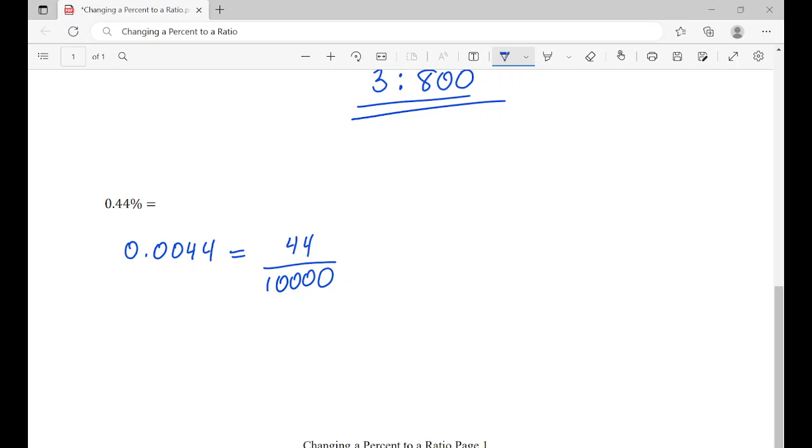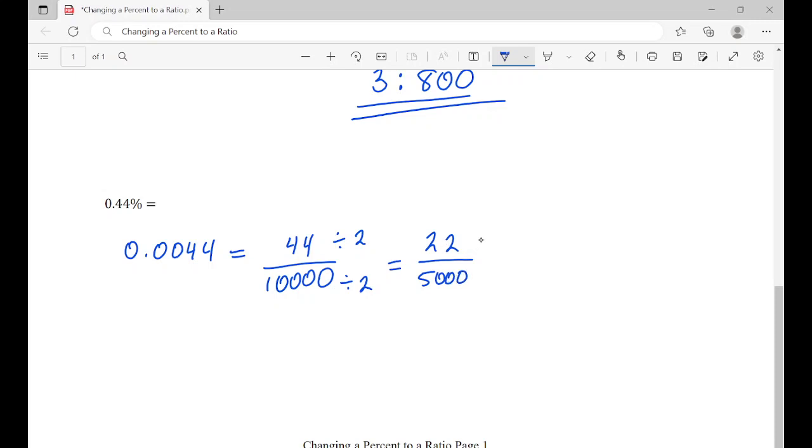And now I'm going to reduce. And I'm not sure what the best number is off the bat, so I'm going to start off with something small. So I'm going to say everything can be divided by 2, since the top and bottom are both even numbers. So 2 into 44 is going to give me 22, and 2 into 10,000 is going to give me 5,000.